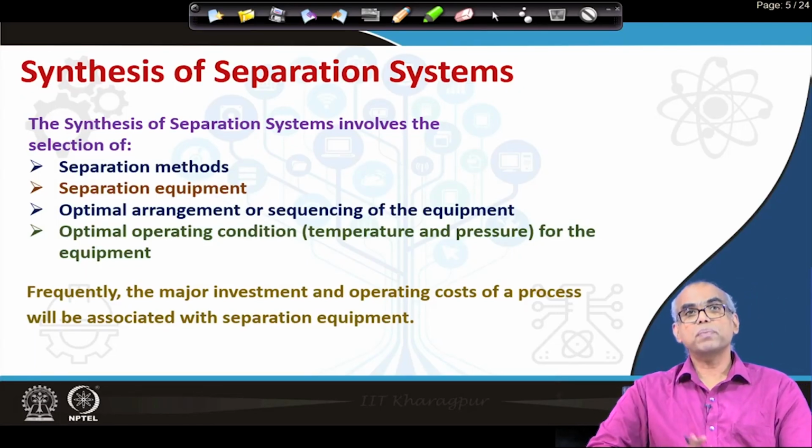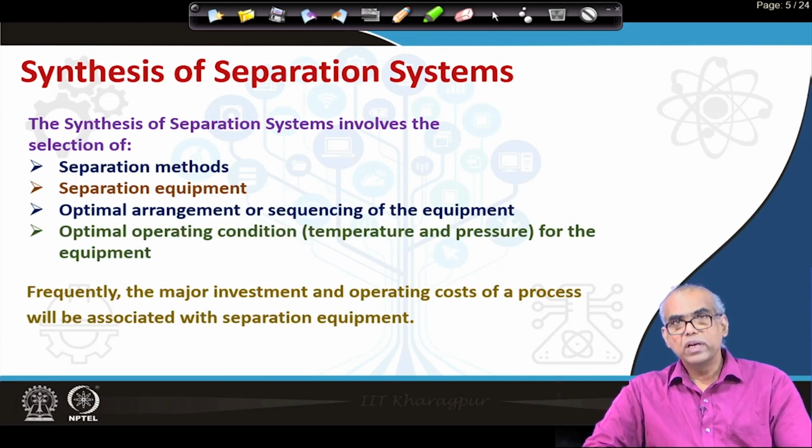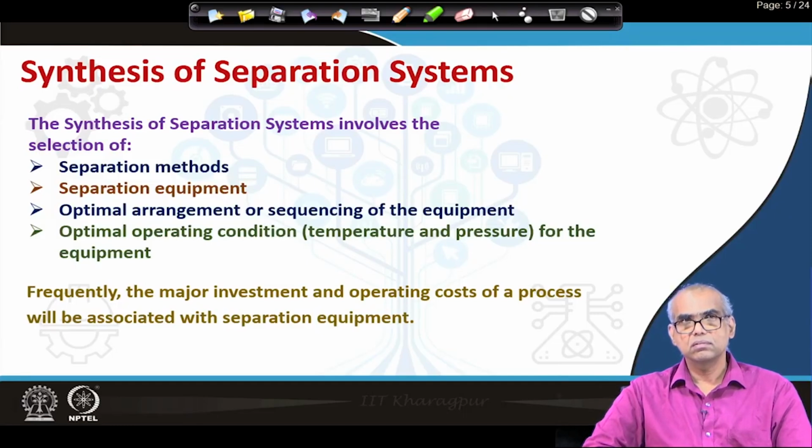The synthesis of separation system will involve the selection of appropriate separation method, the appropriate separation equipment, the optimal arrangement or sequence of these equipment, and optimal operating conditions such as temperature and pressure.